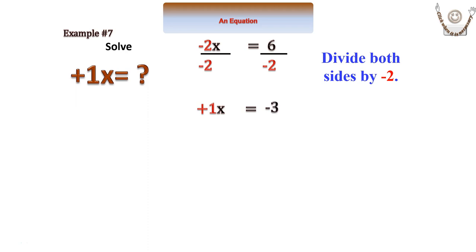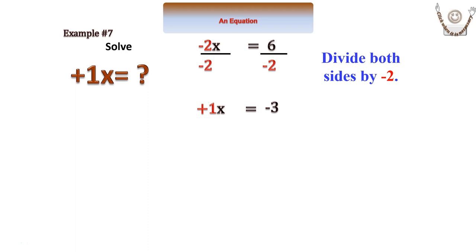As you see, in our original equation we have negative 2 times x. In order to solve this equation, to undo this multiplication, we have to divide. So, division undoes multiplication.